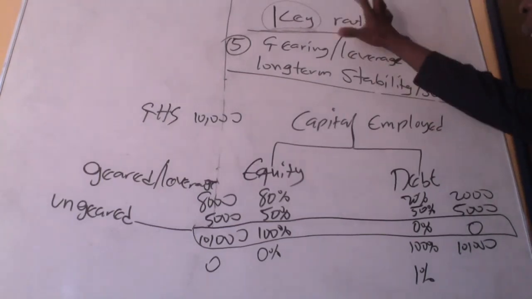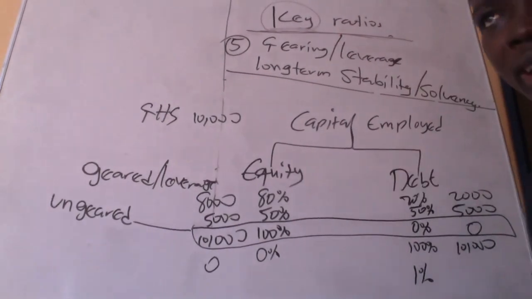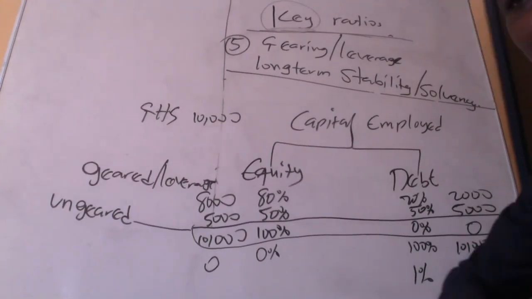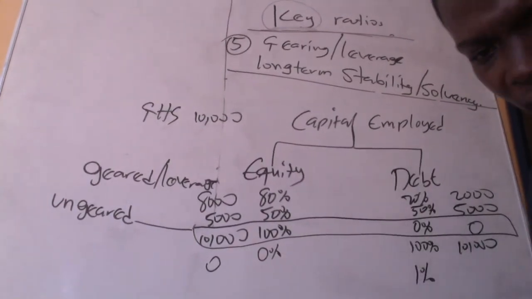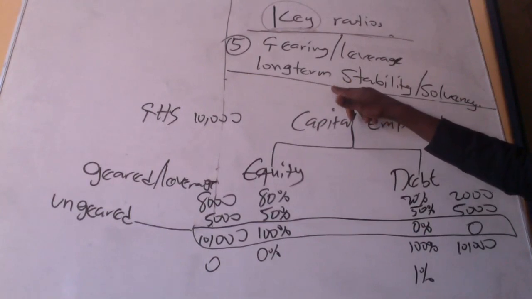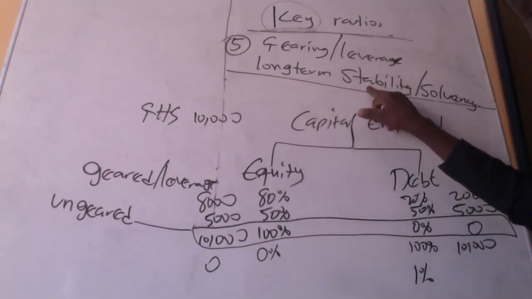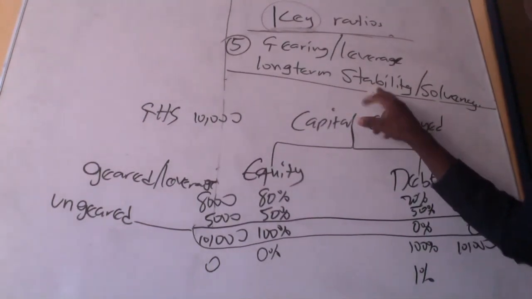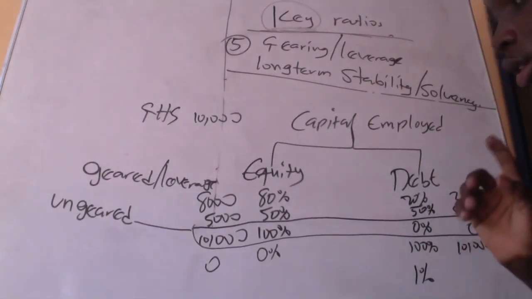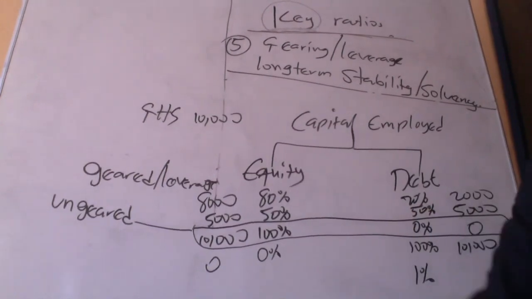So those are the ratios that we are going to analyze. You can be good in terms of profit and liquidity, but if you don't know how to manage your debts well, your stability will always be in question. So take note for us. So that's the one aspect. So that is it.